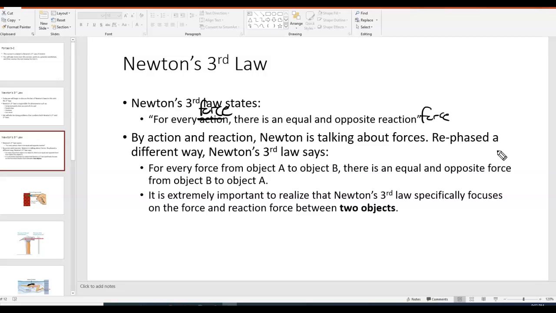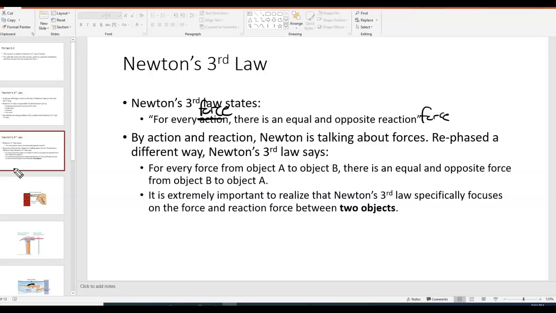That's not actually true, because even though for every force there is an equal and opposite reaction force, those two forces act on two different objects. So for example, if you kick a soccer ball, your foot puts a force on the soccer ball, and the soccer ball puts the same force back on you. One of those forces is acting on the ball, the other force is acting on your foot. Equal and opposite forces, but they're acting on two different objects.